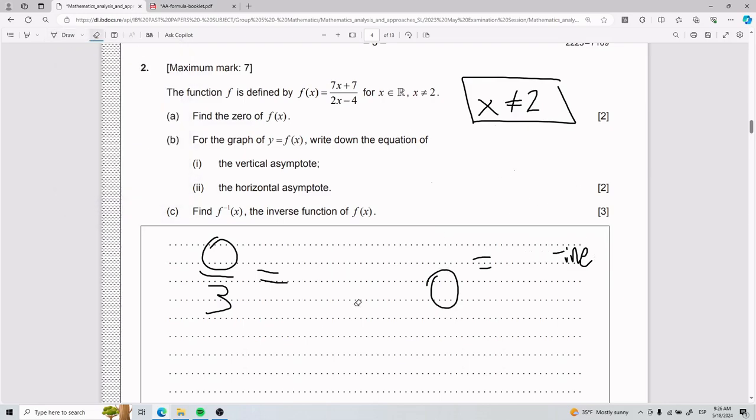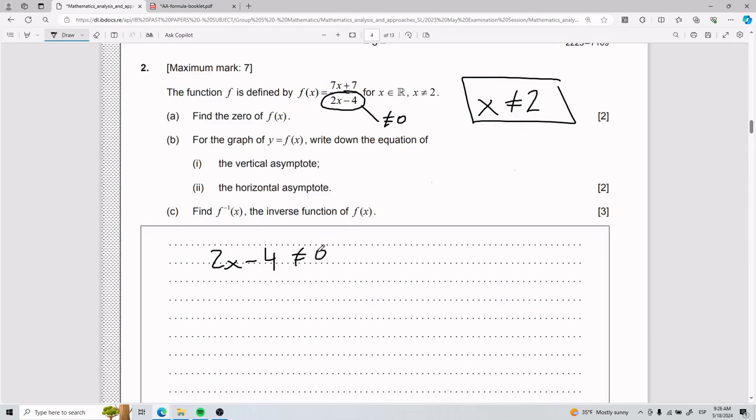So why can x not equal 2? It cannot equal 2 because in the denominator, this whole thing cannot equal 0. And so 2x minus 4 cannot equal 0. If you get x alone from here, 2x cannot equal 4, divided by 2 on both sides, x cannot equal 2.